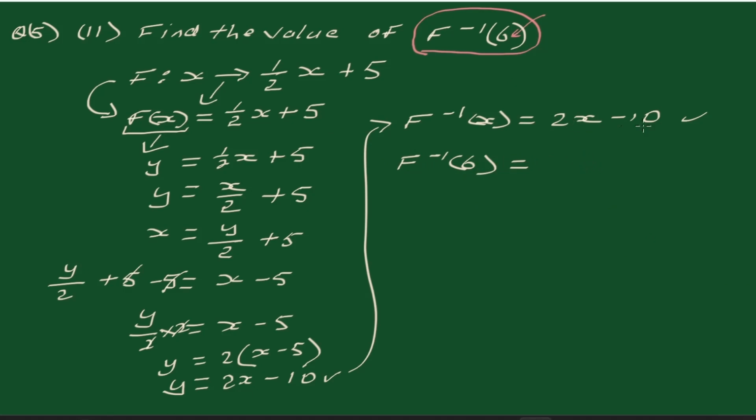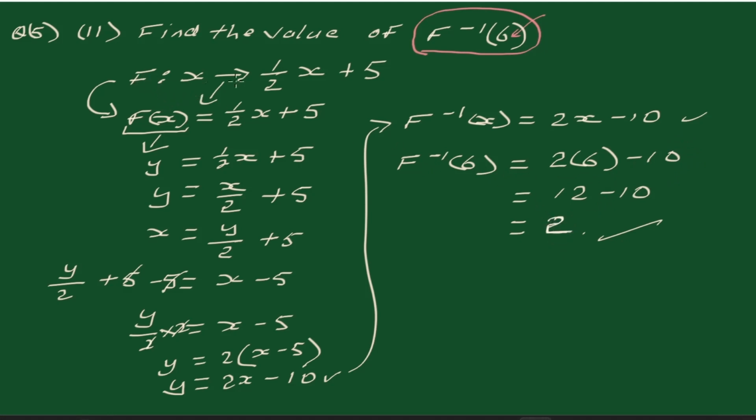So anywhere we see x in the inverse function, we'll replace it with a 6. So after we work out the f inverse 6, with 6 being the input into the inverse function, we get 2 as the answer.